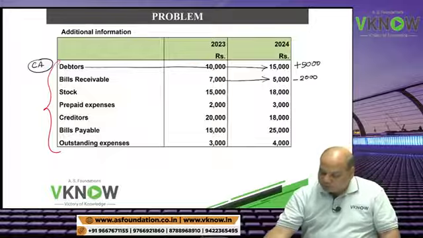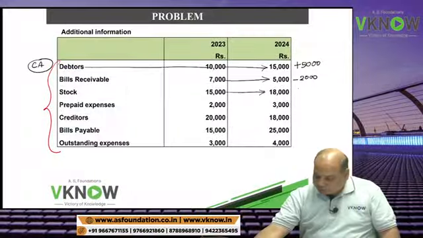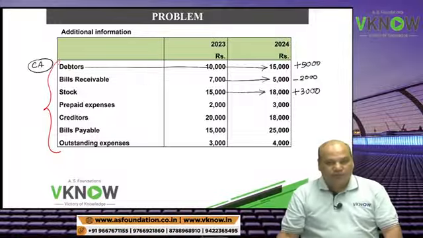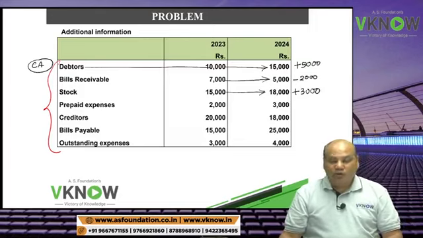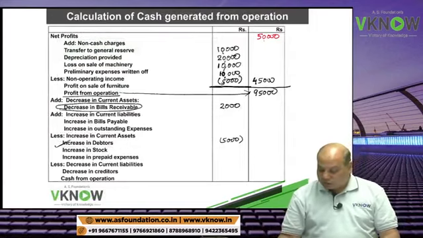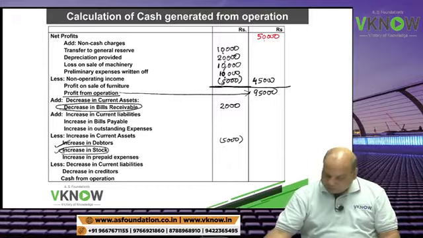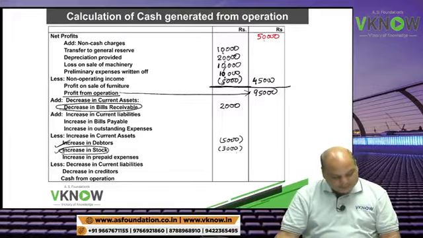See the stock 15,000 has become 18,000. So increase in stock is 3,000. But increase in stock will decrease your cash flow. So come below here in the last fifth line, write in bracket 3,000.